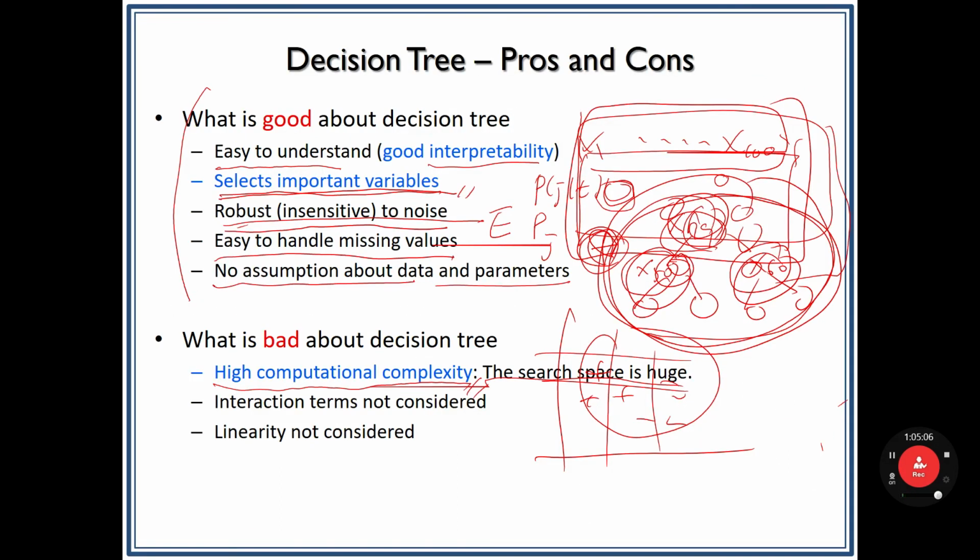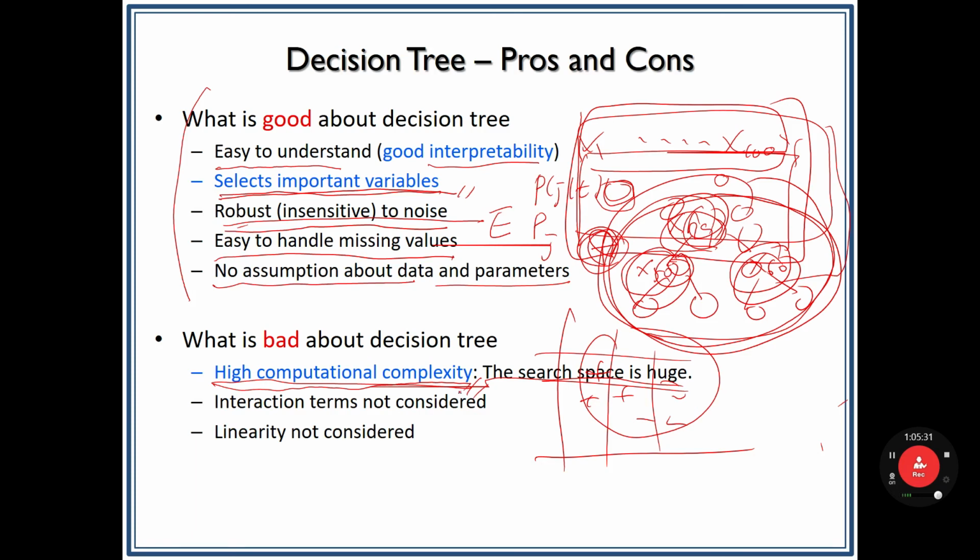To make a full search, we have to compute lots of possible choices. So high computational complexity is the disadvantage of the decision tree. It takes time, but the thing is that we are not that stupid.